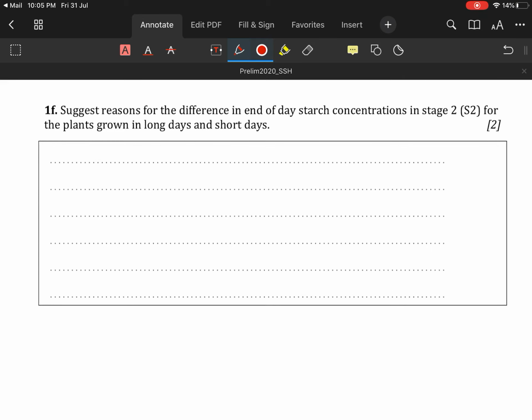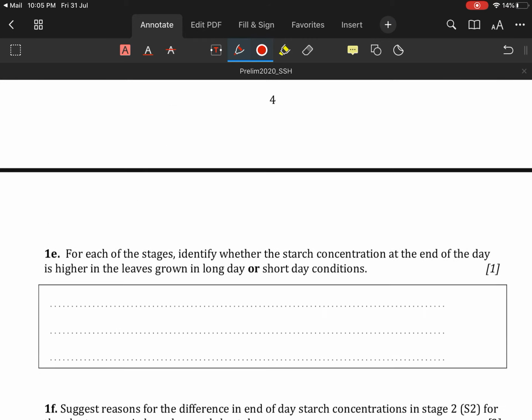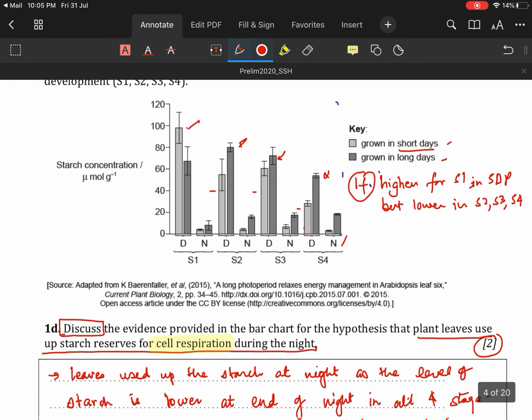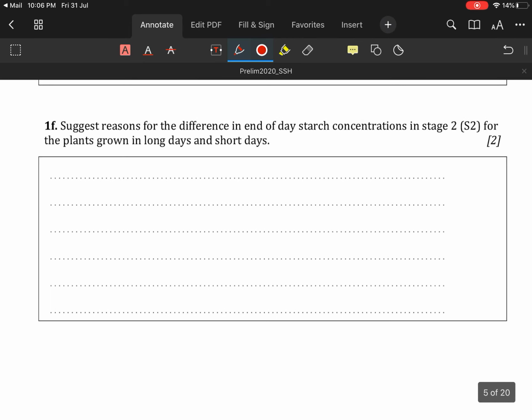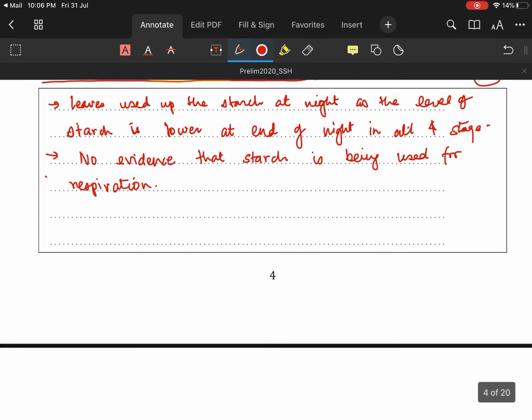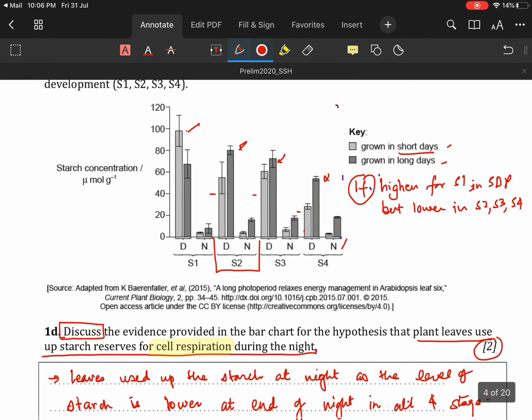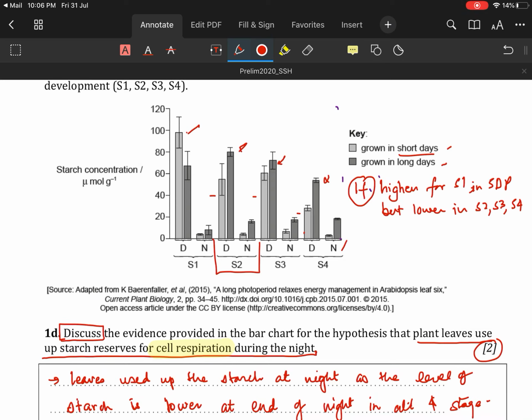Suggest reason for the difference in end of day starch concentration in S2. So let's look at S2. S2 starch concentration in long day and short day for both. We focus on short day, and the starch concentration is more in long day.